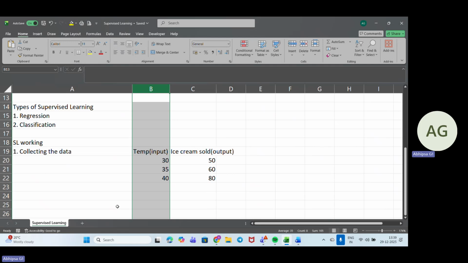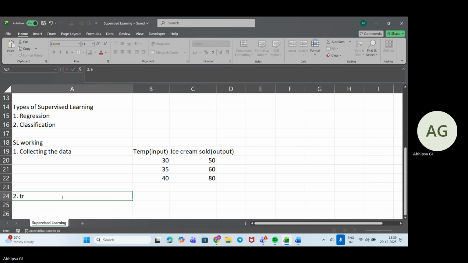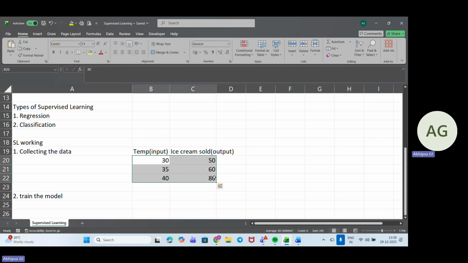Next, we need to train the model. In training the model, we show these examples to my model, and my model tries to find the pattern. It finds that if the temperature increases, the sale of ice cream also increases.